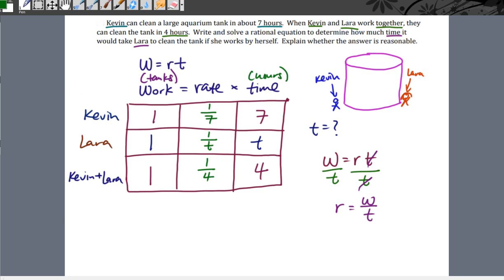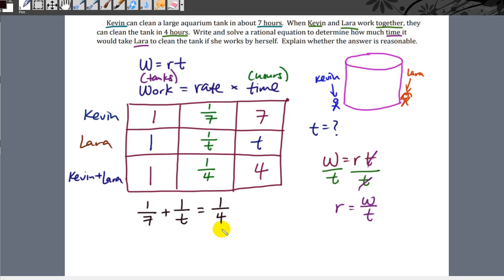So the rational expression we're working with is Kevin's rate plus Lara's rate, and that's equal to the rate that they work on the tank together, 1 divided by 4.